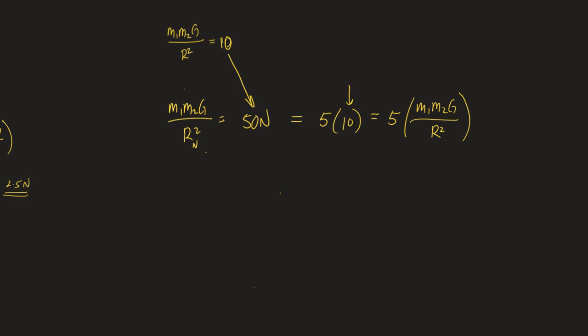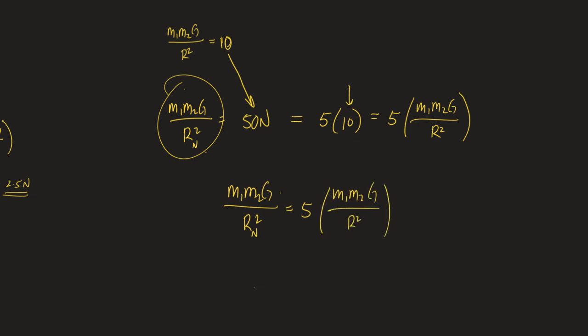Now cut out the middlemen and set the two beginning and ending things equal to each other. And solve for r new. Pretty straightforward.